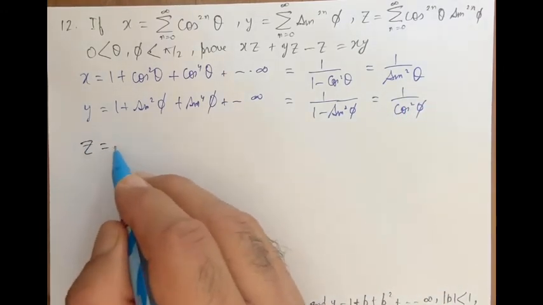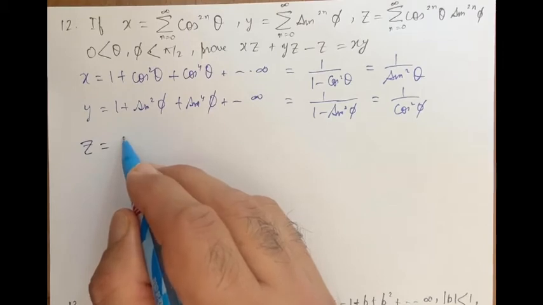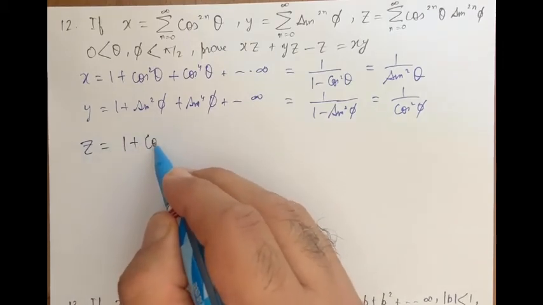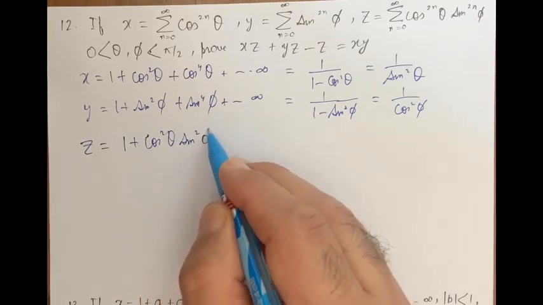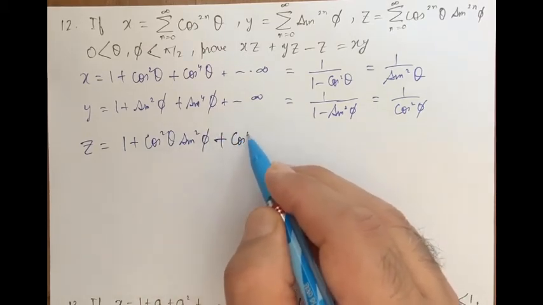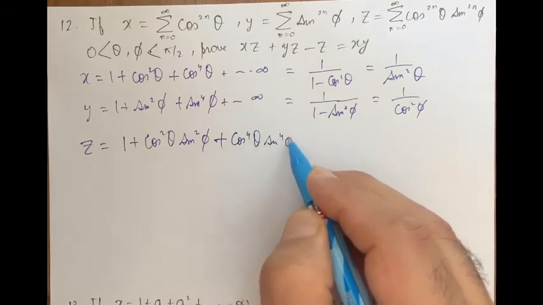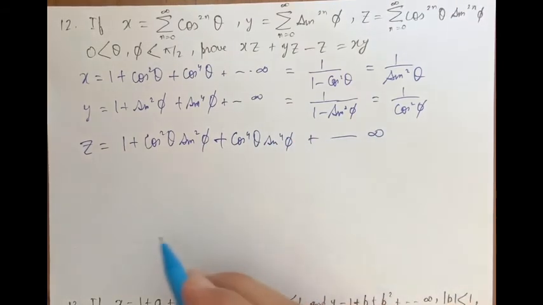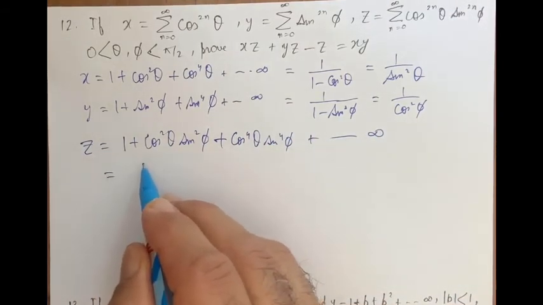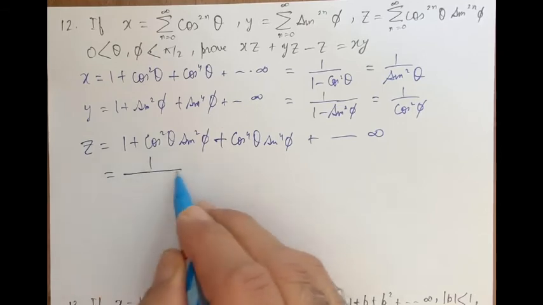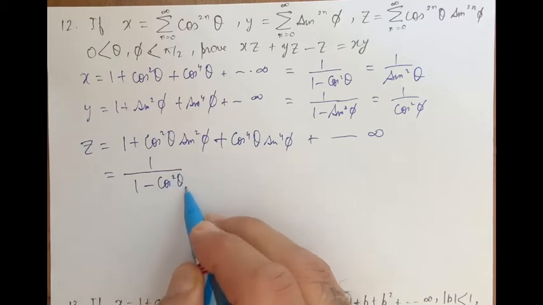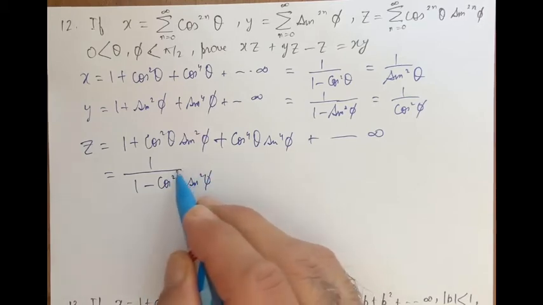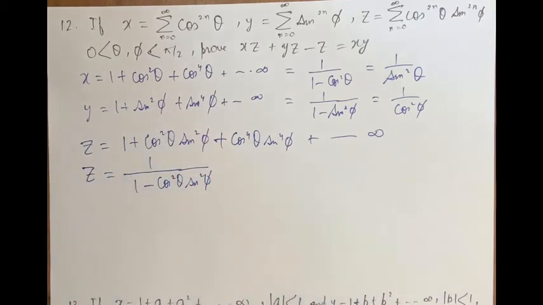Now z is 1 plus cos square theta into sin square phi plus cos raised to 4 theta into sin raised to 4 phi and so on up to infinity. This is 1 upon 1 minus common ratio. The common ratio is cos square theta into sin square of phi.